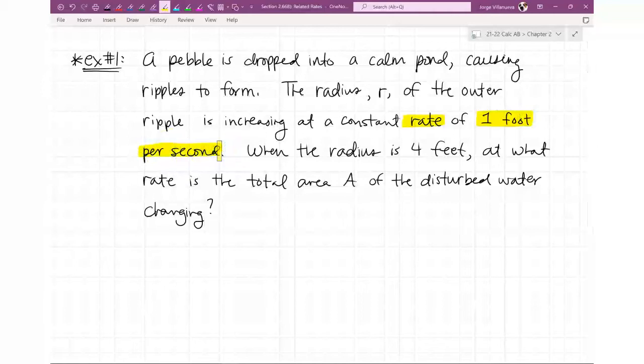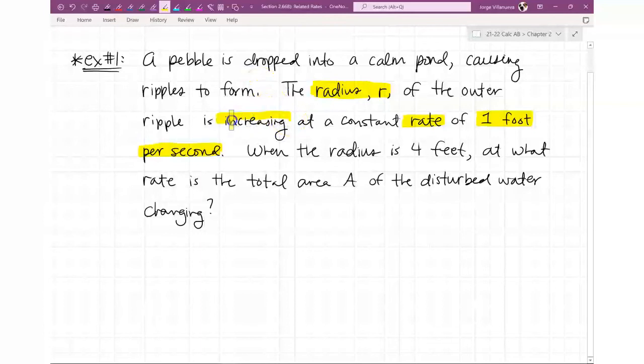Well, rate of change, but what is it? What do I have to do to find rate? A derivative, right? So rate means take a derivative. A derivative of what? Read the sentence before the word rate. The radius, right? The radius, r, is increasing at a constant rate.